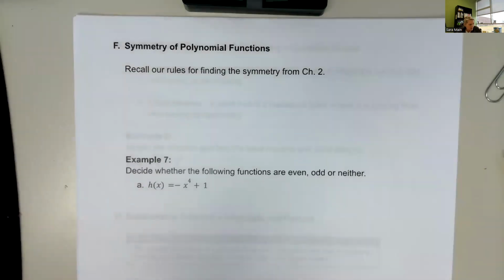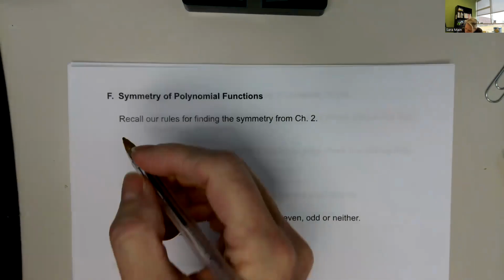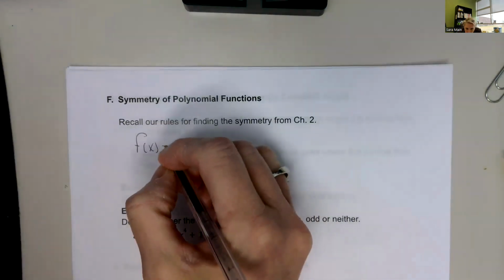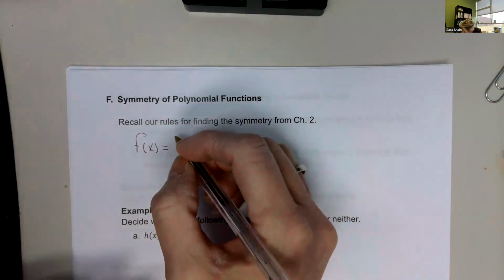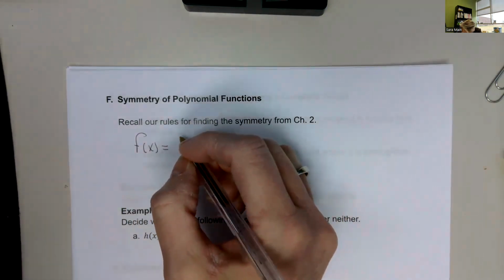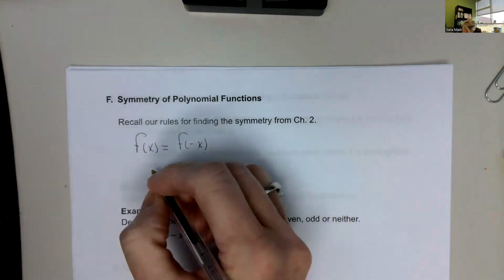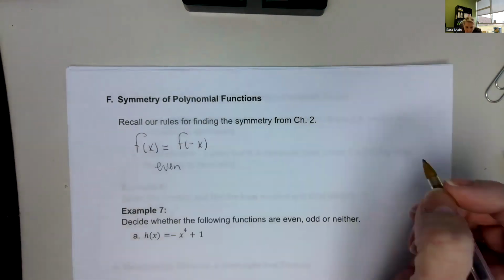So back in chapter 2, we learned about symmetry. We said if we put an x value into the function and we put the negative of x in, if those are equal, then it's even.